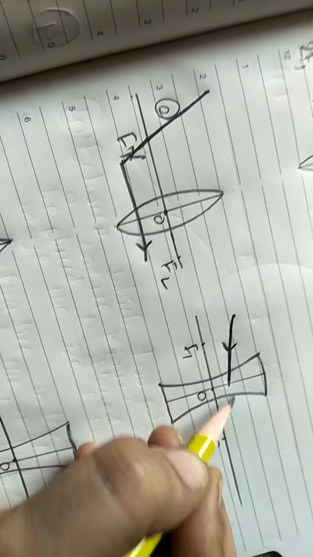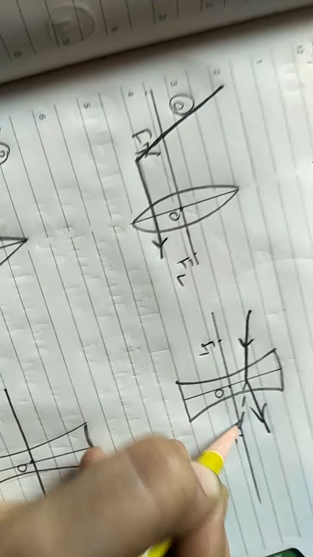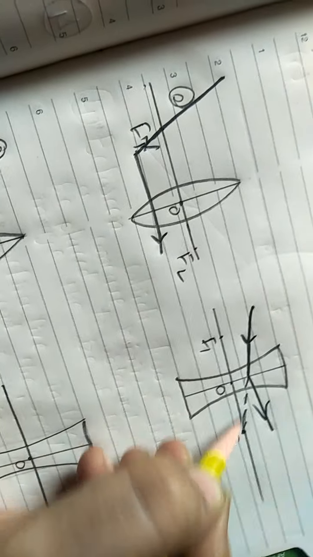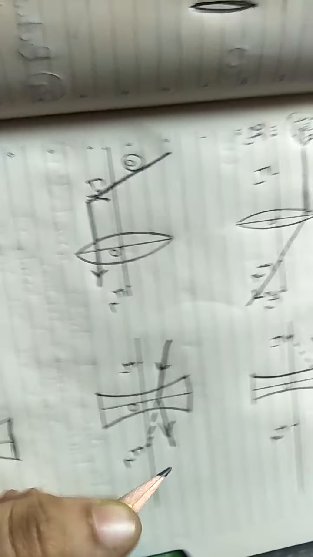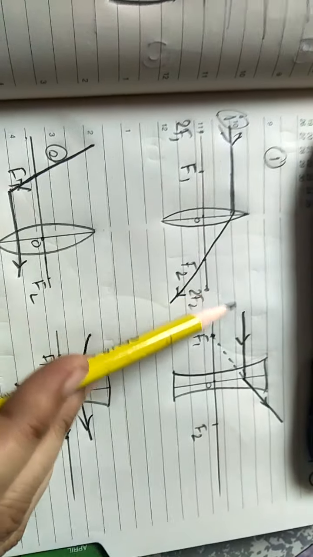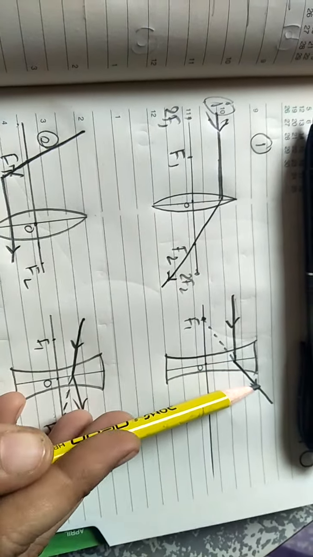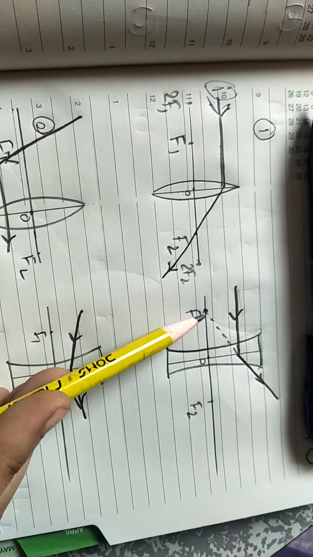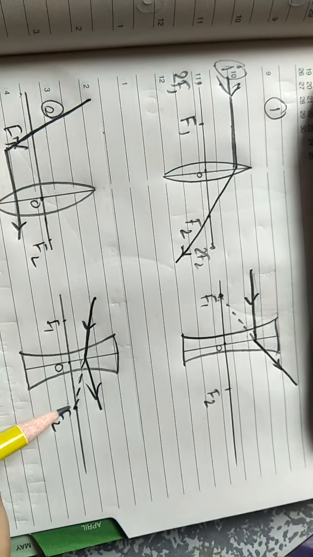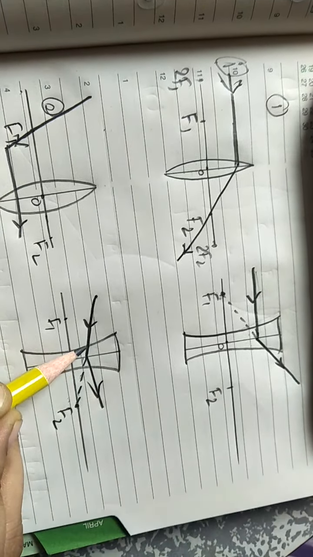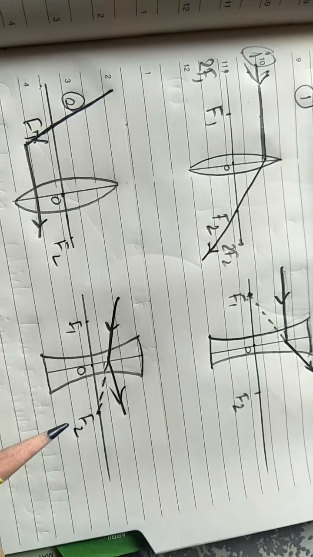Now it will go here, but it appears that it crosses the principal focus. Just like before, when it is parallel to the principal axis, it diverges and you feel that it passed the focus. When it is directed to the focus, you feel that it is parallel, but it goes this way.